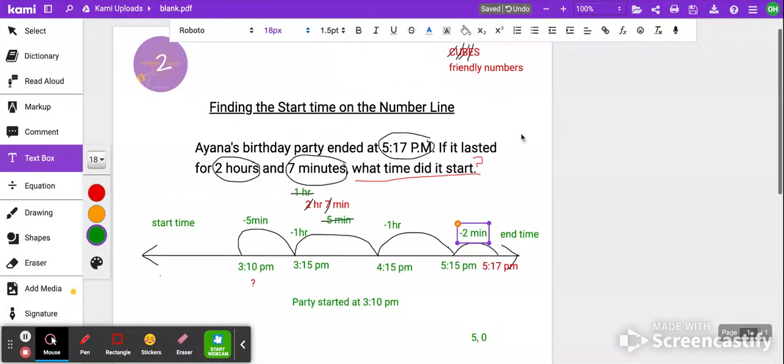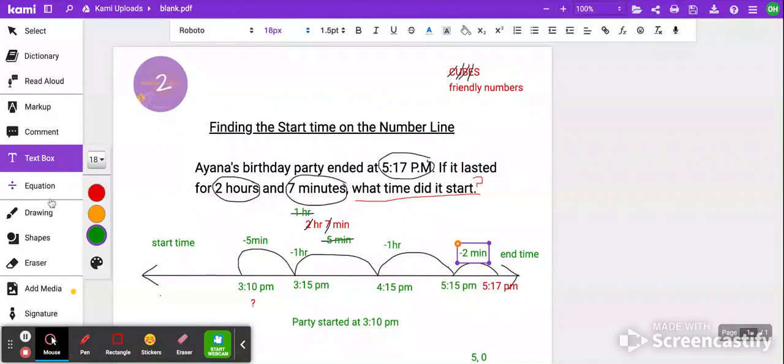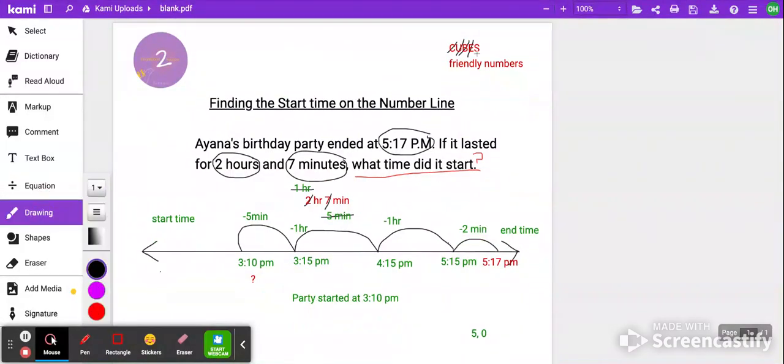And there you have it. So now I can simply go back up here. I can line through my S because now I've solved this problem. And I can also line through friendly numbers because I was able to get my friendly numbers. So there you have it. Now you know how to find the start time on the number line using our strategy cubes and friendly numbers.